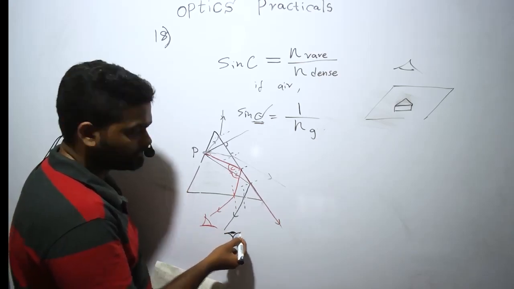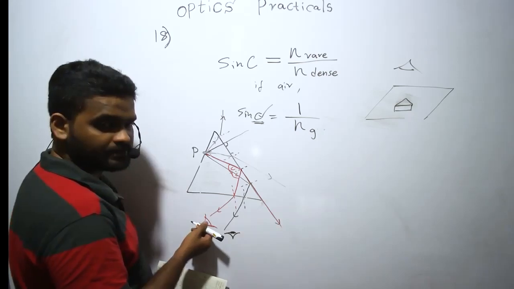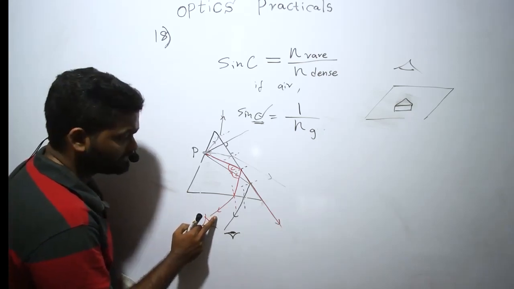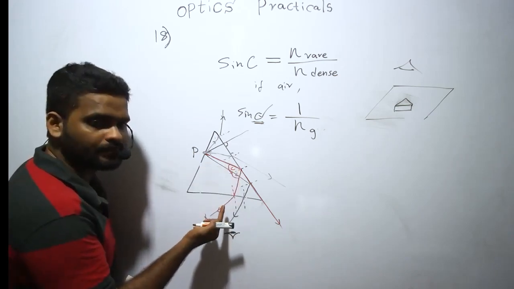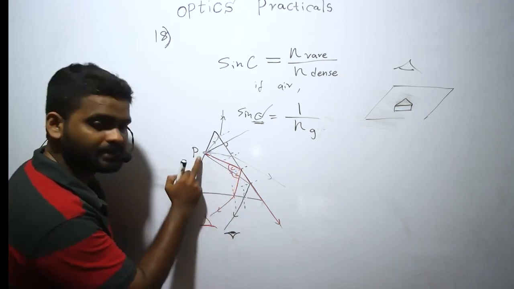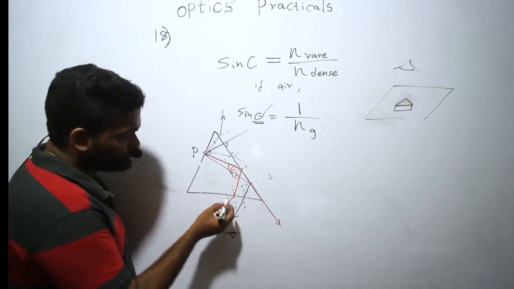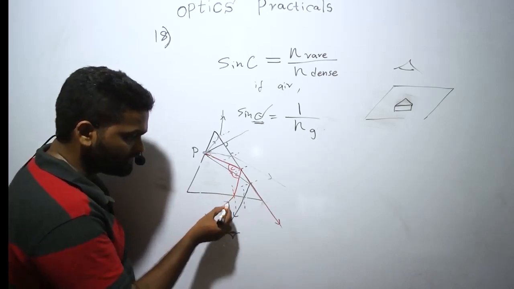Those rays as well. So you have to move your eye from this side to this side in order to identify this ray. So what happens is suddenly, what do you see here? What you see is the image of P. Suddenly the image of P disappears. That point is where you place those optical pins.